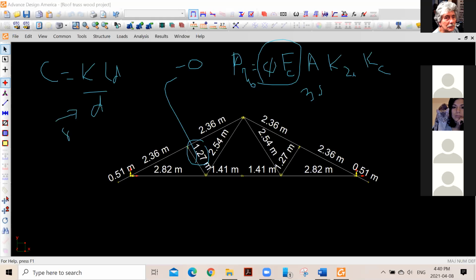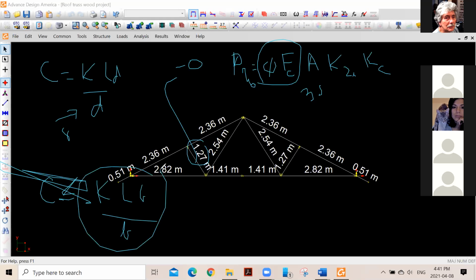Or KC is equal to KLB over B. And of course, this is the one that's going to govern because it's going to give you a higher slenderness ratio. And then you just calculate everything based on the C for the B, understand? And this is the length of your column, 1.27 meters. And for the other one, it's just the same.